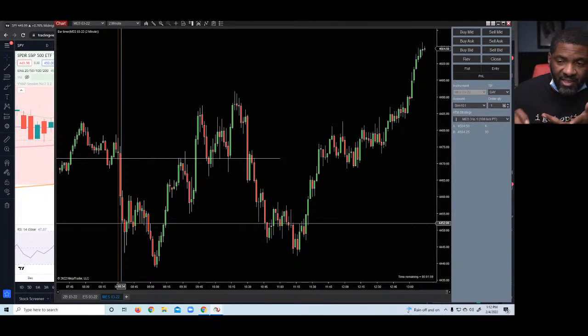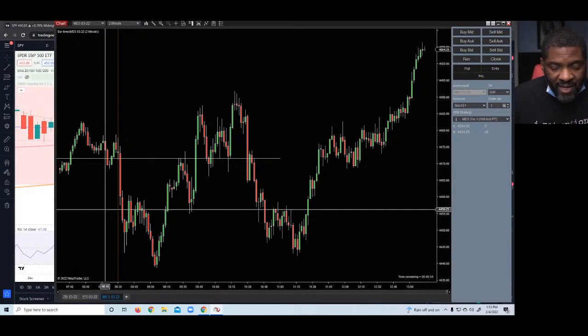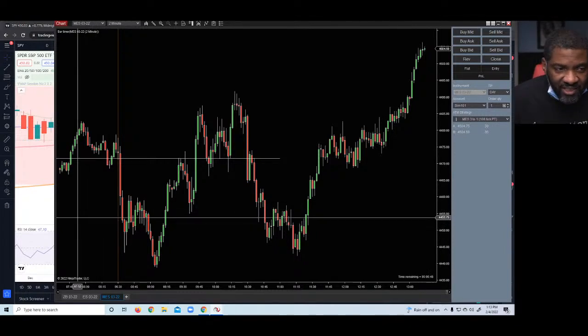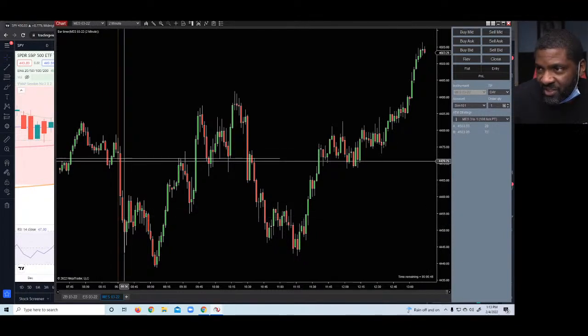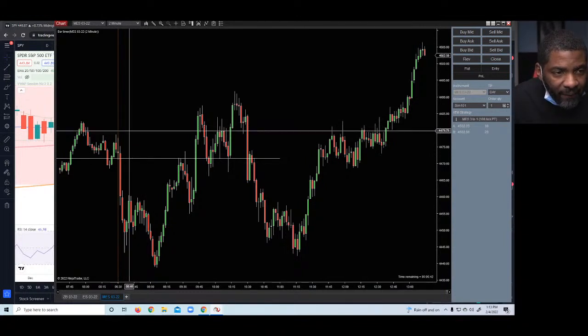There's no theta, there's no gamma, there's no delta. SPX, the same thing. ES, SPX, they all the same thing. The ES are the futures, the SPY is the ETF, and the SPX are the options, all of them for the S&P 500. They all move tick for tick in tandem. So whatever the ES do, you can use it on the others.